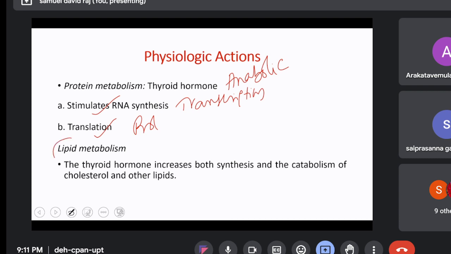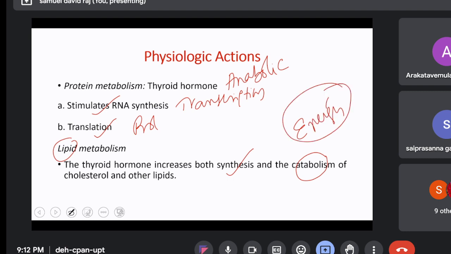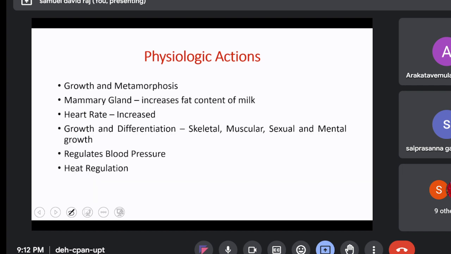Coming to lipid metabolism, this hormone increases synthesis of cholesterol and other lipids. At the same time, it also causes the breakdown of cholesterol and other lipids. Why do the lipids have to be broken down? Again, when the fatty acids are oxidized, it releases energy. So whatever the source of energy is, thyroxine is said to be utilizing it.